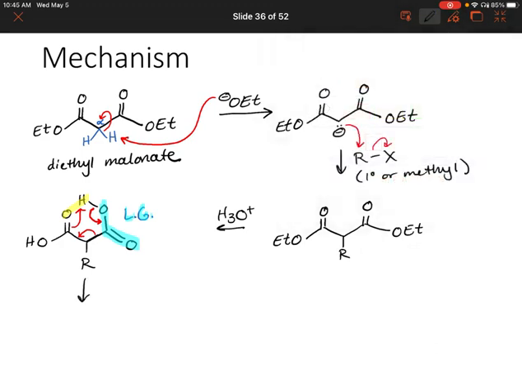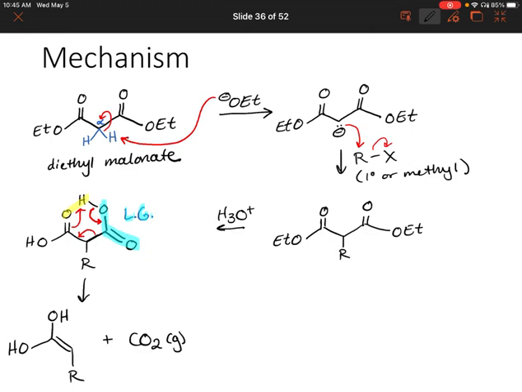All right, so what we end up forming looks kind of funny. We have two alcohols with a double bond, and then our alkyl group that we added earlier. And then we're also forming CO2 gas, carbon dioxide.